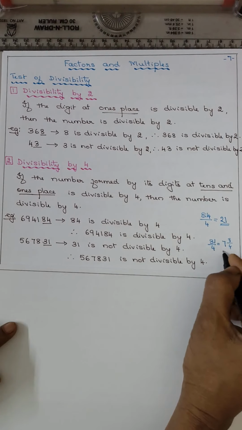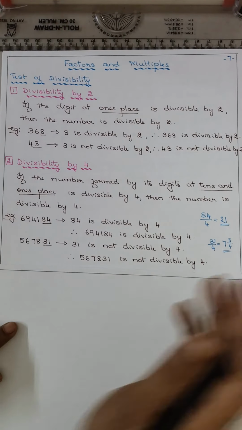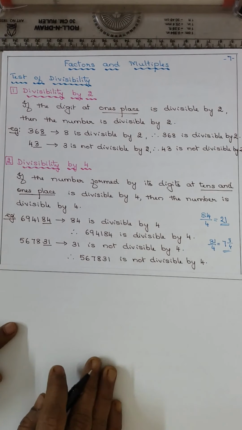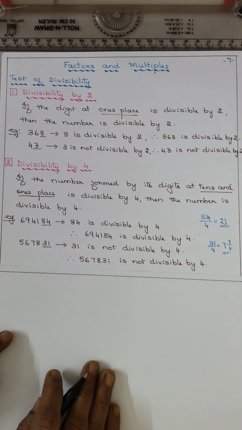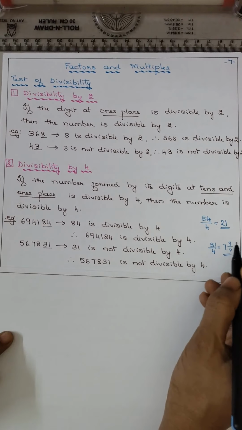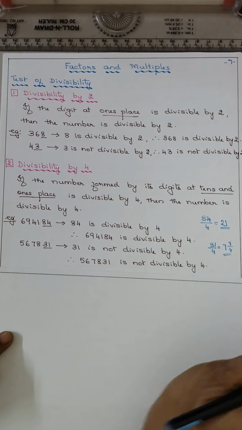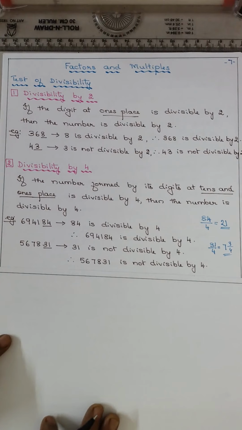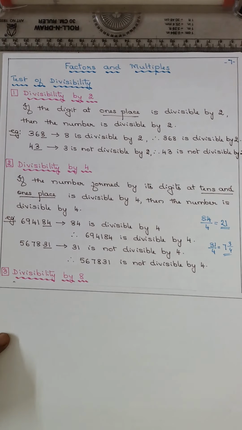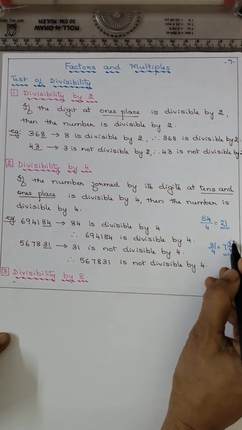Isn't it? So it is not exactly divisible, so the number is not divisible by 4. 3 remains, so it is not divisible. Okay? It should be exactly divisible. If we do long division also, the remainder is 3. This is the remainder.